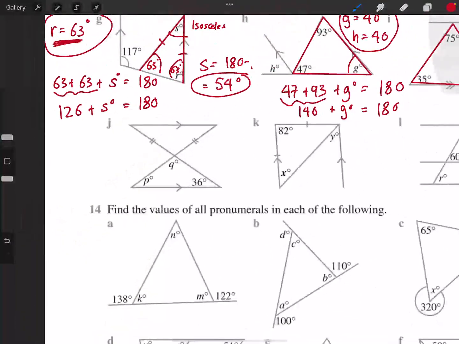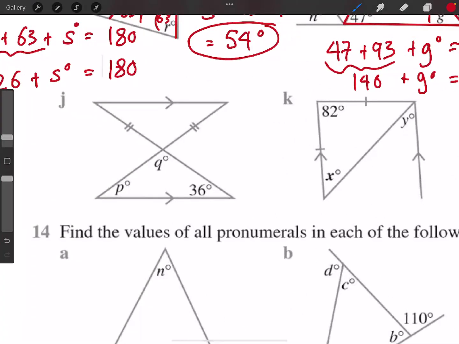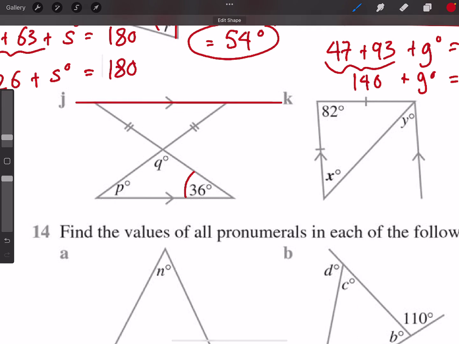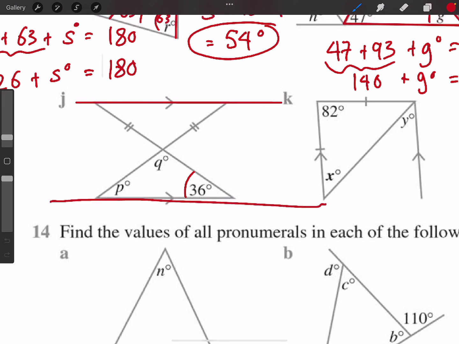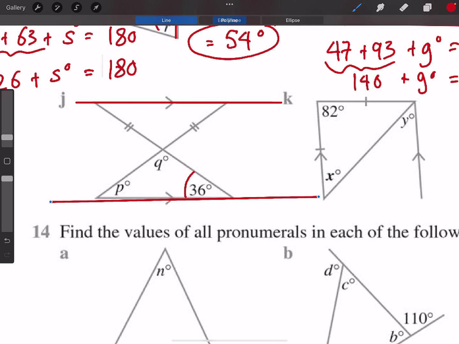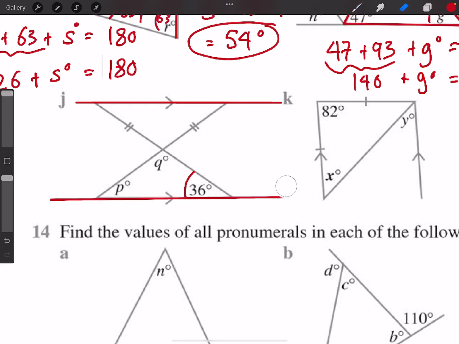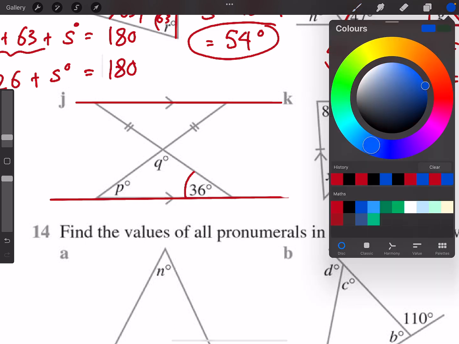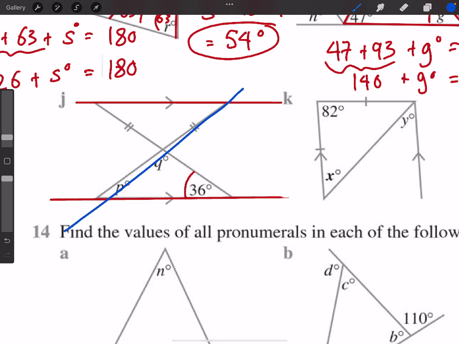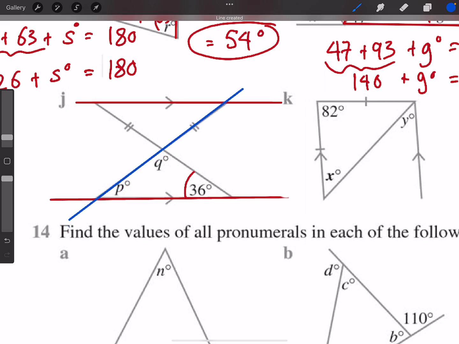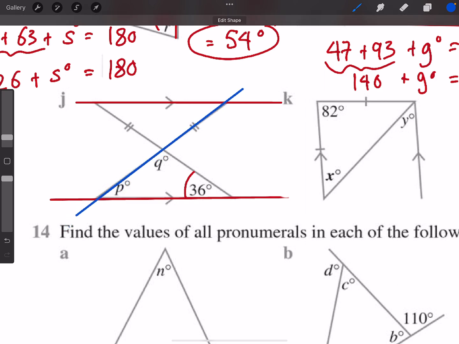Alright, question J. This is 36. Let me just mark the parallel lines. This is one of them, and this is the other one. Let me just rub some of these out. I'm going to do the transversal line in blue. So now what do we know?